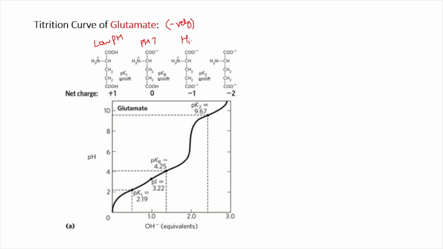At high pH values, first the glutamate carries a negative charge of -1, and then as you continuously increase, it has a negative charge of -2. So at low pH values, these two carboxylic groups do not carry any charge, only the amino group carries a positive charge of +1, so the overall charge becomes +1.